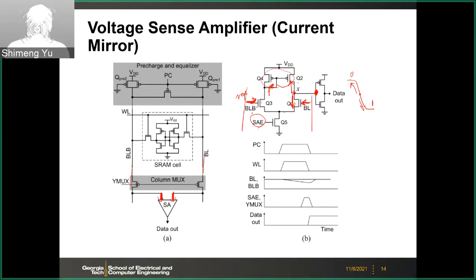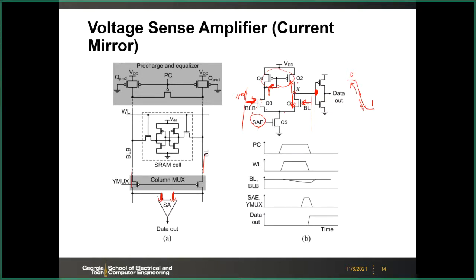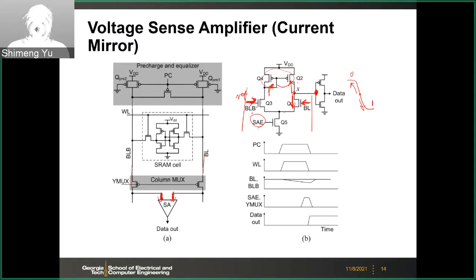From the input side, if you look into the gate from the bitline, you will see a very large input impedance from the gate. So this is like you sense the voltage, because the gate will carry that voltage. Gate will not conduct the current. Of course, you will have the transient current going on and off there. But from the DC point of view, the input to the gate of the transistor will give you the voltage sense.